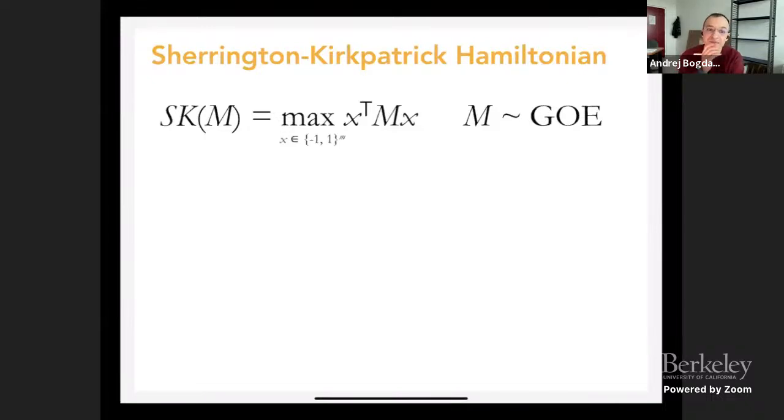And it turns out that this maximum for most matrices can be bounded. One way to bound it is to just replace the Boolean cube with the ball. So instead of optimizing over the Boolean cube, I can optimize over all vectors of norm square root of m.